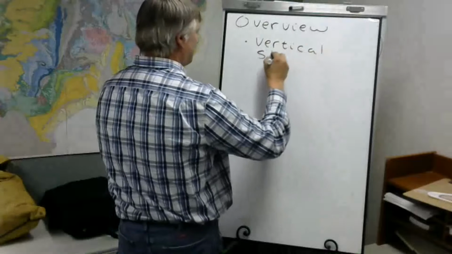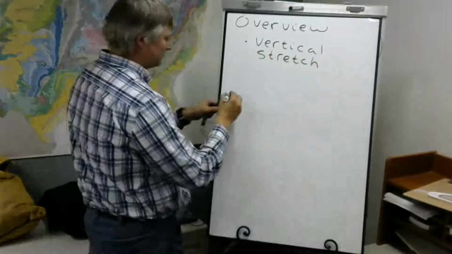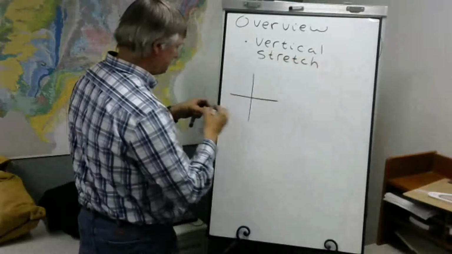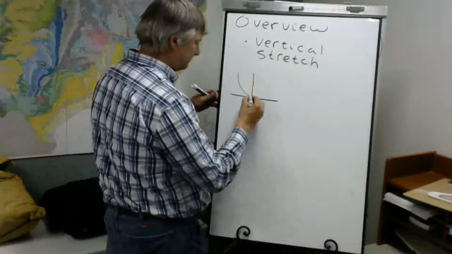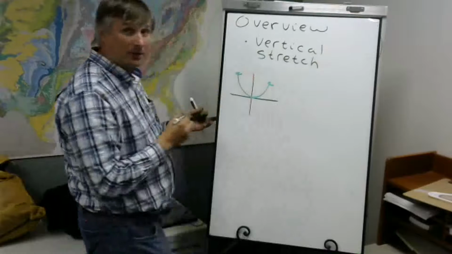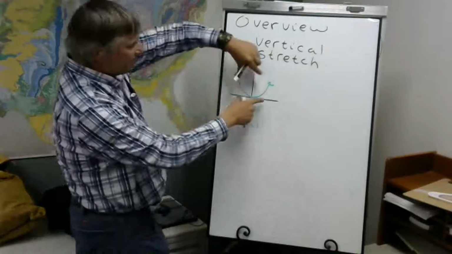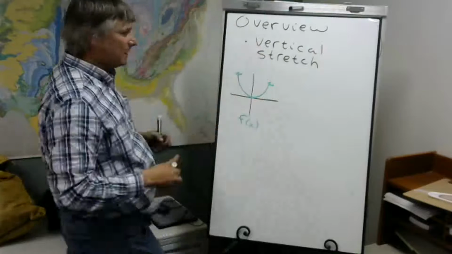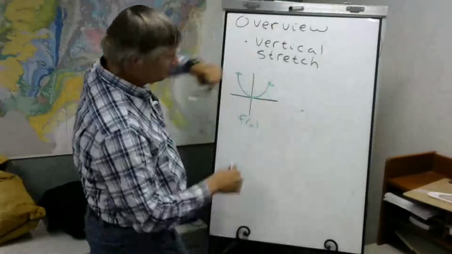Vertical stretch. So again, we have our parabola, y equals x squared. A vertical stretch means you're just going to pull this thing upward, or maybe downward.